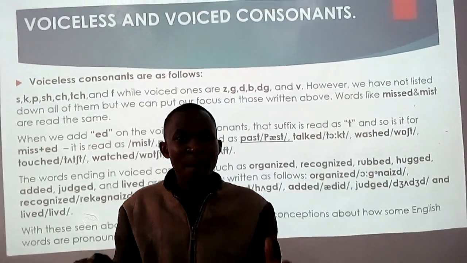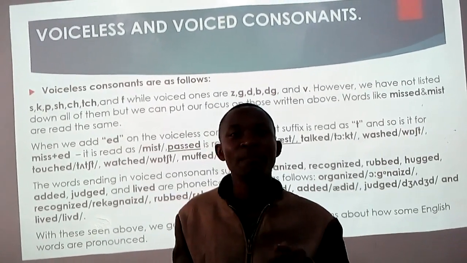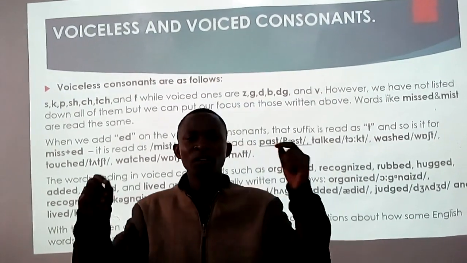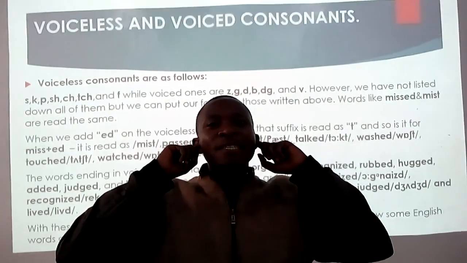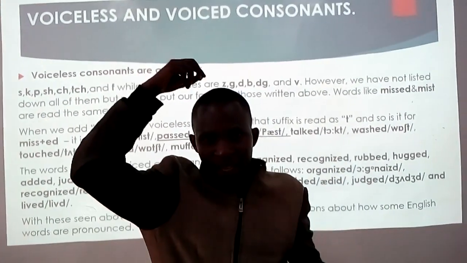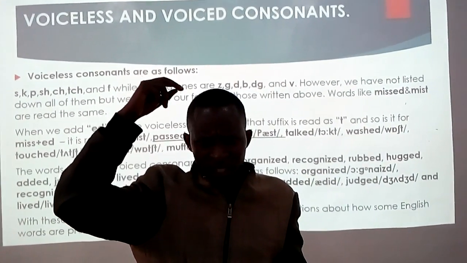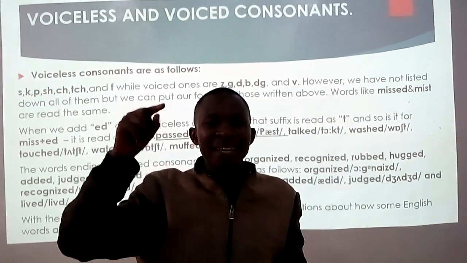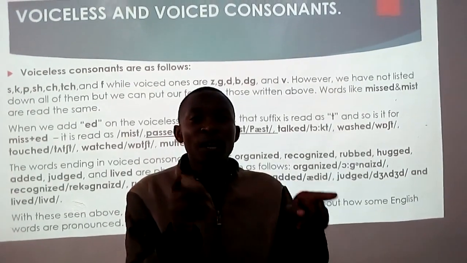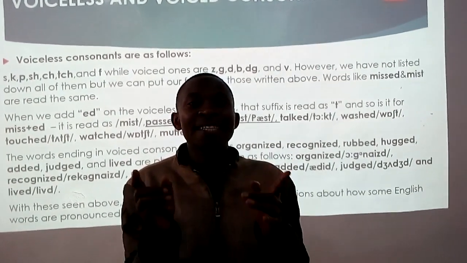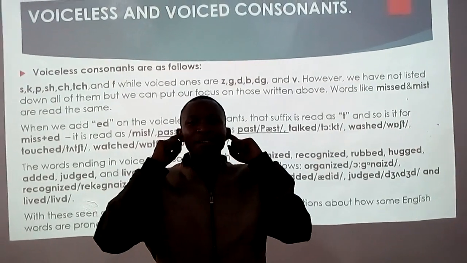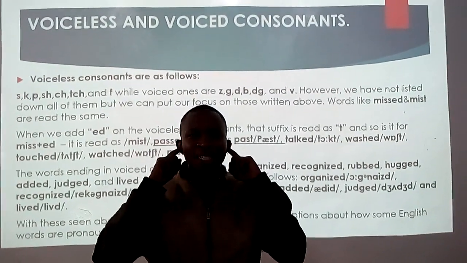Missed, not mized, but missed. Because when you pronounce it, sa, that head voice is not heard. To me, that is a voiceless consonant. On voiceless consonants, when you add the -ed, it sounds like t. Talked, t.